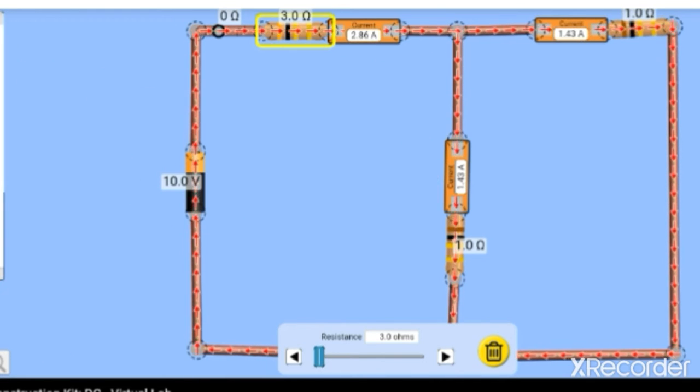Now let us see, with the help of this circuit, again we will see how the KCL will be applied for this circuit, right? So now I'm going to reduce the resistance of the first branch to some 2 ohms.